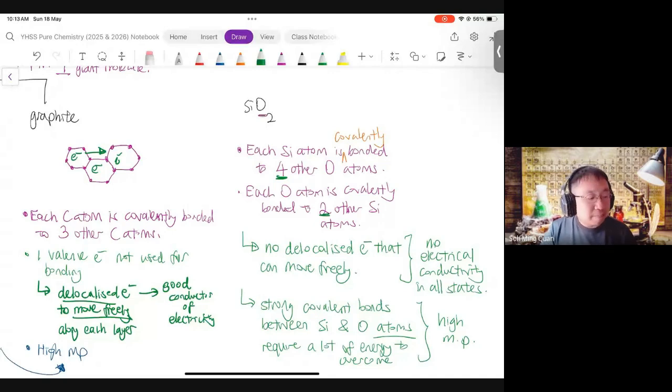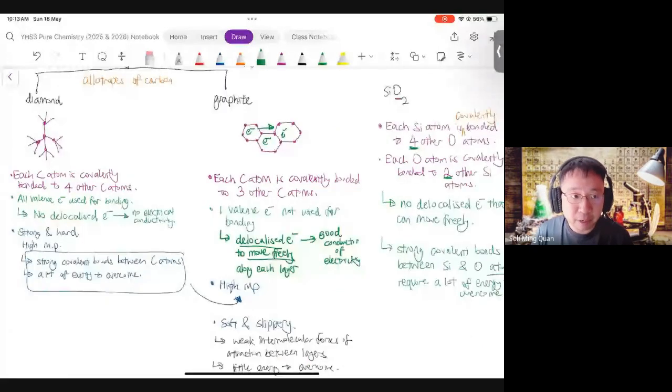Okay, next. Now, these three are the common structures: diamond, graphite, SiO2. In your notes, we have also covered some other substances which have similar giant molecular lattices. For instance, diamond. Besides diamond, what else is similar to diamond in terms of their giant molecular lattice? The element silicon itself.